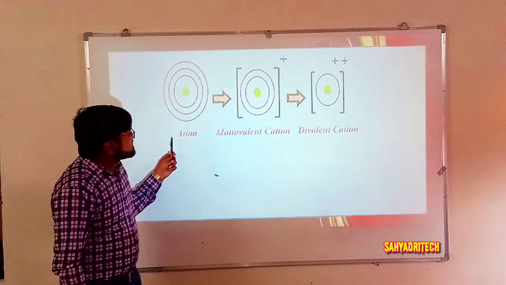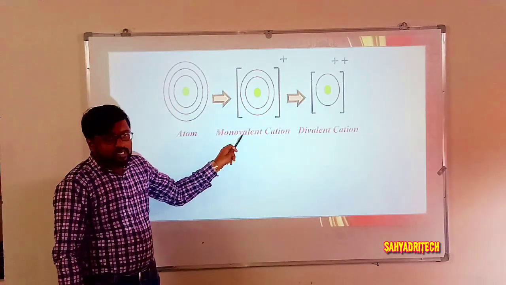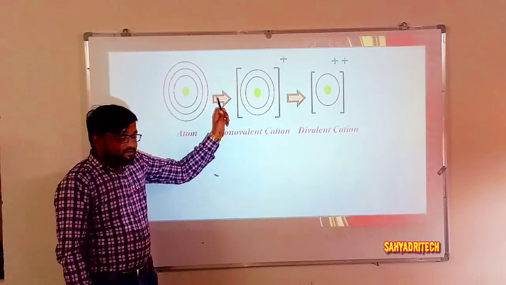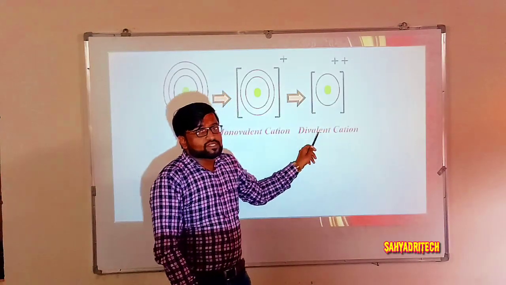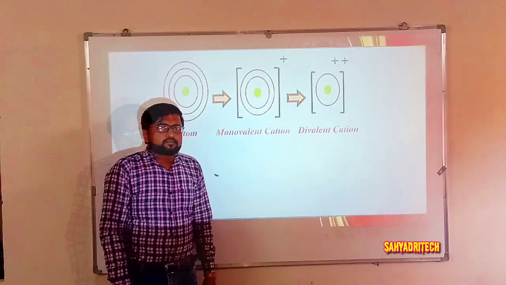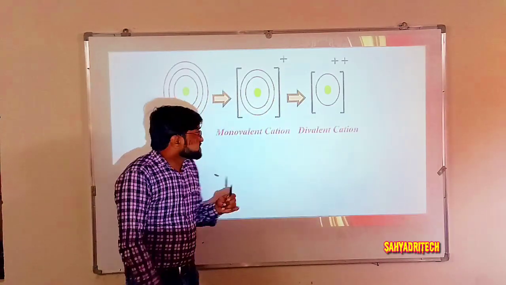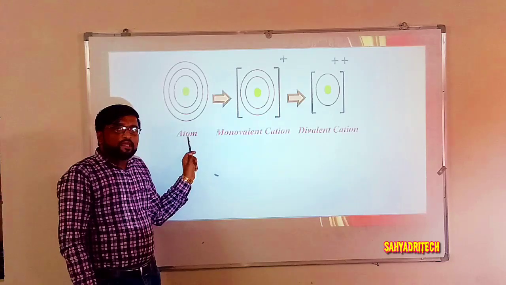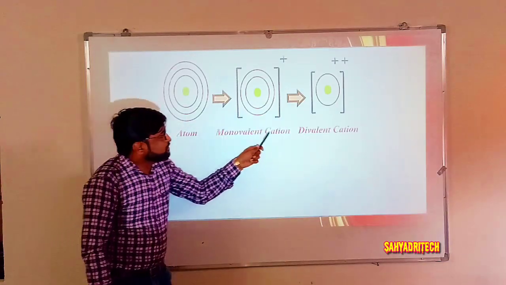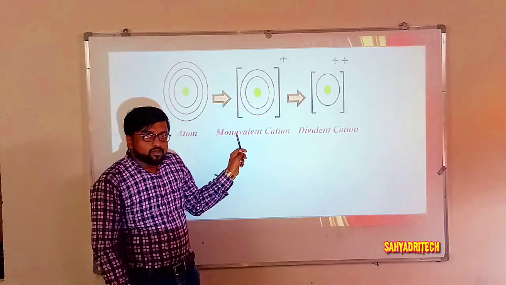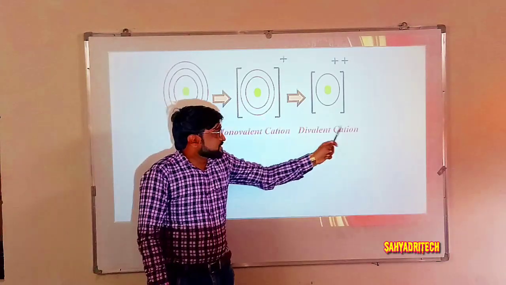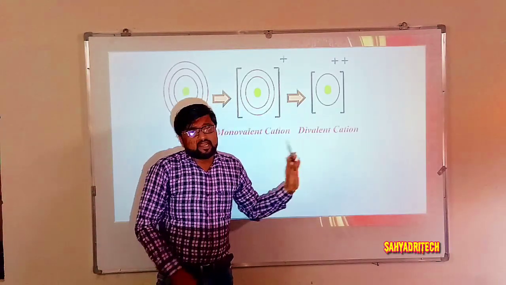So here an atom gets converted into monovalent cation by losing one electron. Further it gets converted into divalent cation by losing two electrons. Well, what you have seen here, an atom by losing electron converted into monovalent cation. Further, this monovalent cation by losing one more electron gets converted into divalent cation.